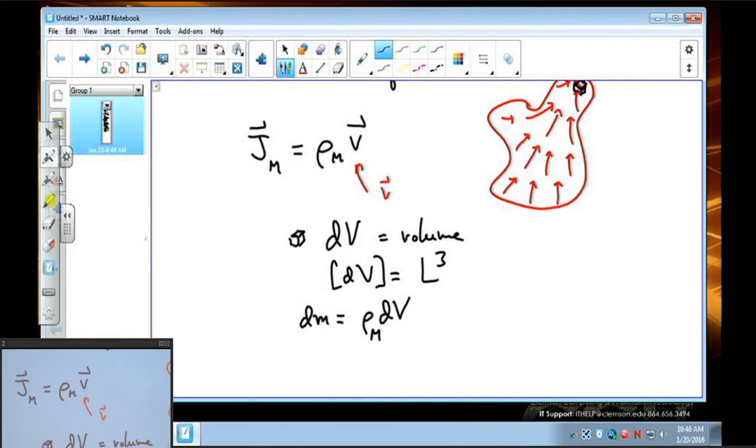But I'd have a small amount there, and the proportion between them is called the density. This is mass density, rho m. And what is the dimensionality of the mass density, which you can get from that relation that I just had there? Length to the -2. Yeah, mass per volume, right? A mass density is a mass per volume.